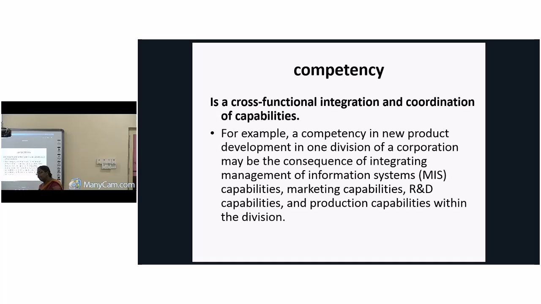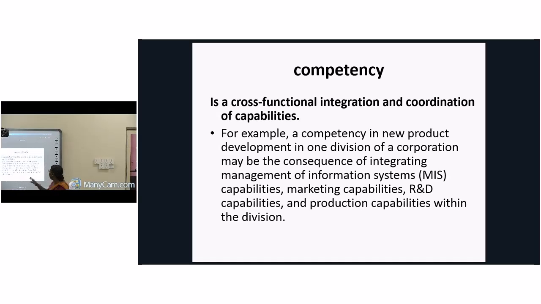So, competency is the ability of integrating these capabilities and resources. For example, a competency in new product development in one division of a corporation may be a consequence of integrating the management information system, marketing capabilities, production capabilities and everything.